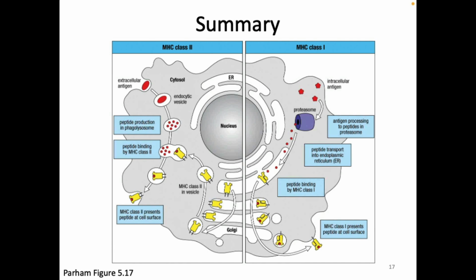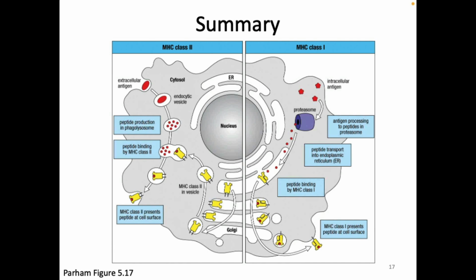So it's really about the location of the antigen. It's really about, is that antigen an antigen that comes in through phagocytosis, or is it an antigen that's in the cytoplasm? In general, viruses will be in the cytoplasm. And so by and large, viruses are going to get presented on class 1. Oftentimes, bacteria are either phagocytosed or are living in a vesicle, and so they're going to get presented on class 2.